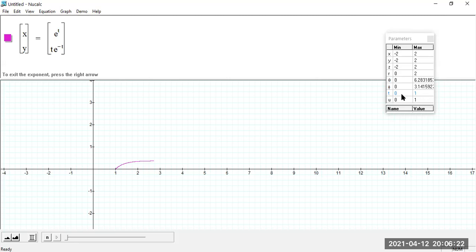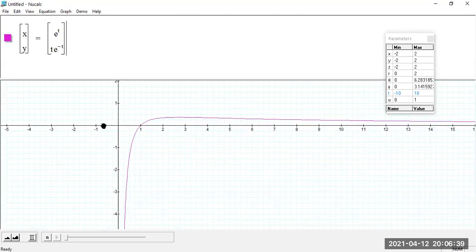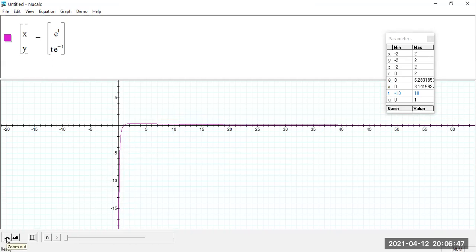Okay, let me enlarge this. So my t will be from negative 10 maybe, up to positive 10. Let's see what happens. That's what it looks like. Let's zoom it in, zoom it out. Yeah, it looks like this.